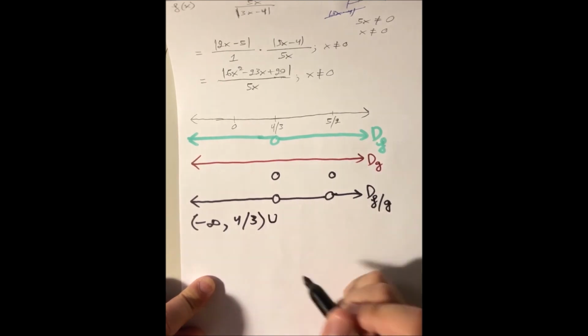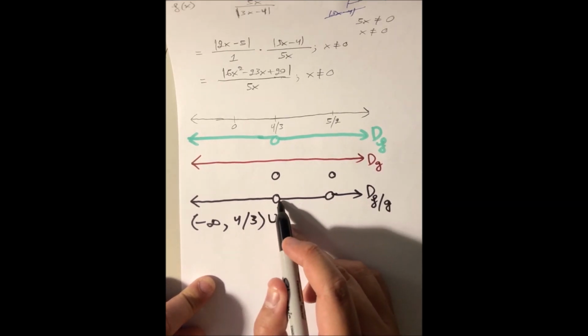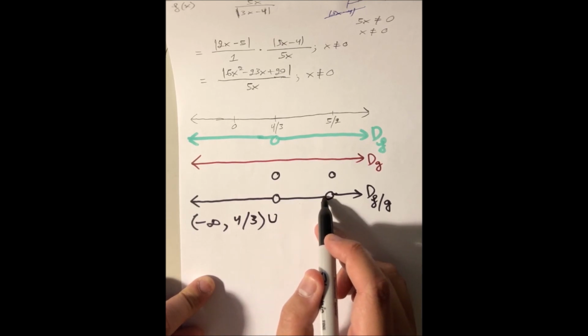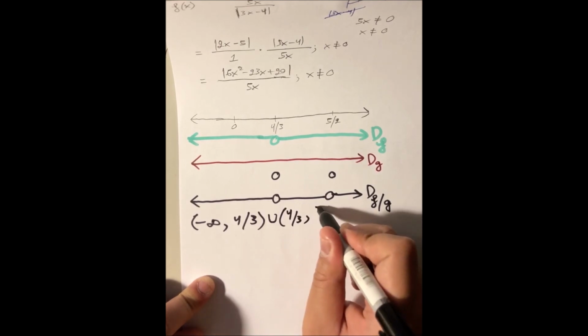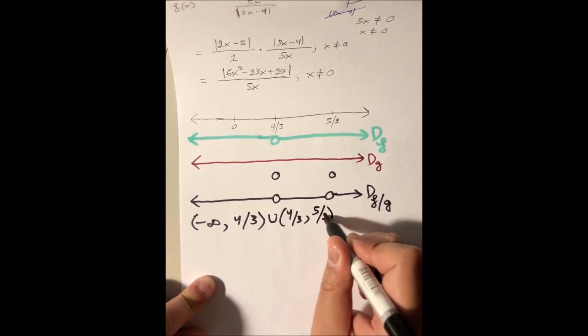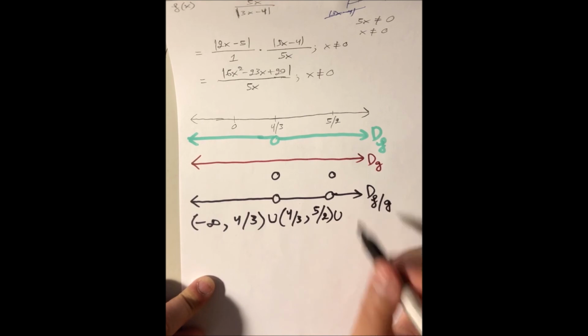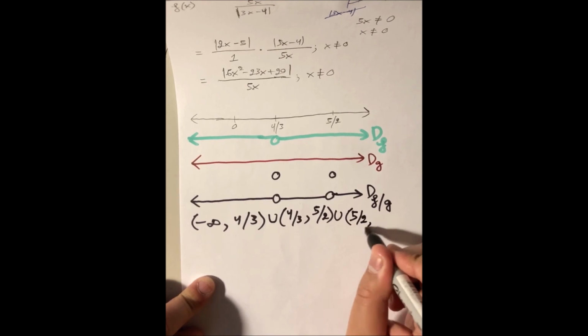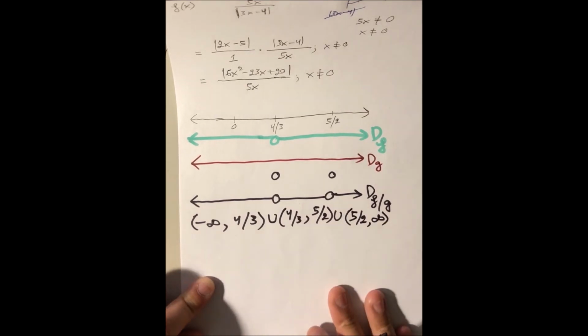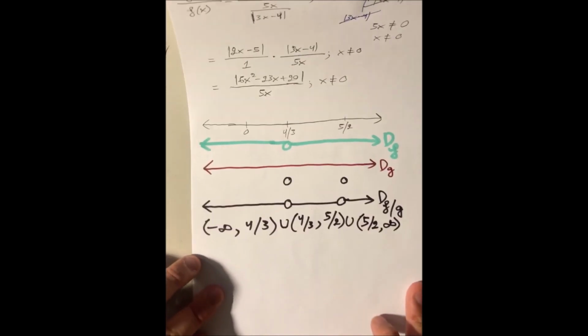Union, to jump to the next part, we go from 4/3, not including 4/3, all the way up to 5/2, but not including 5/2. So 4/3, comma, 5/2. And then union, to go to this part, from 5/2 all the way to positive infinity, but not including 5/2. And that's the interval notation for the domain of f over g.